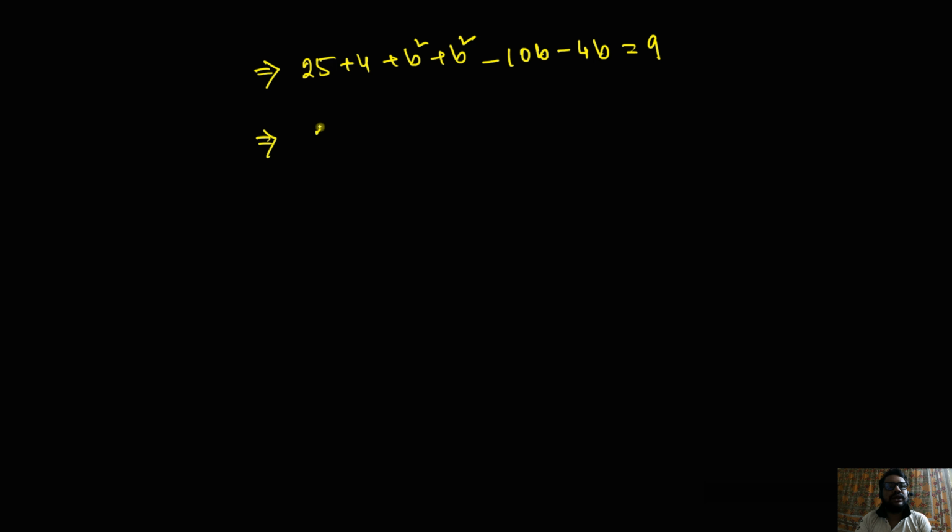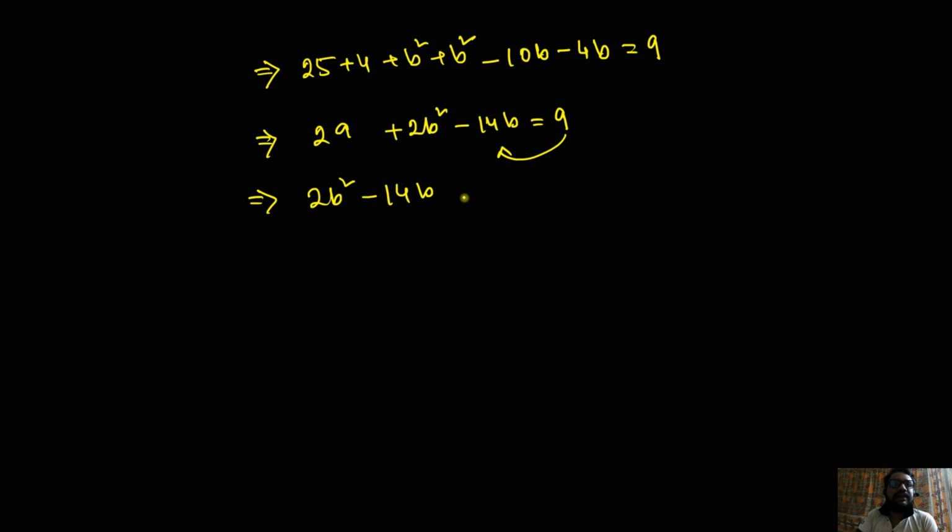So that implies 29 plus 2b square minus 14b equal to 9. Taking 9 to the left hand side, 29 minus 9 is plus 20: 2b square minus 14b plus 20 equal to 0. So we have to solve this quadratic equation. Cancelling 2 from both sides, b square minus 7b plus 10 equal to 0.